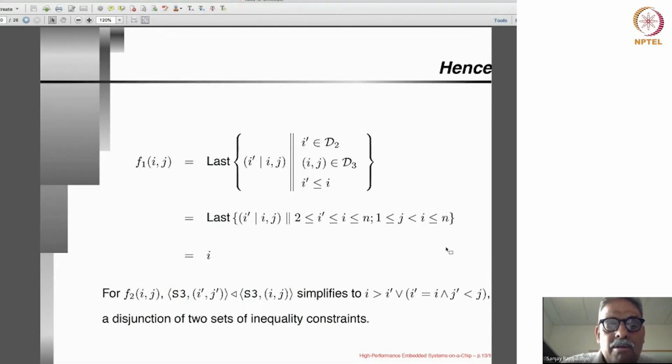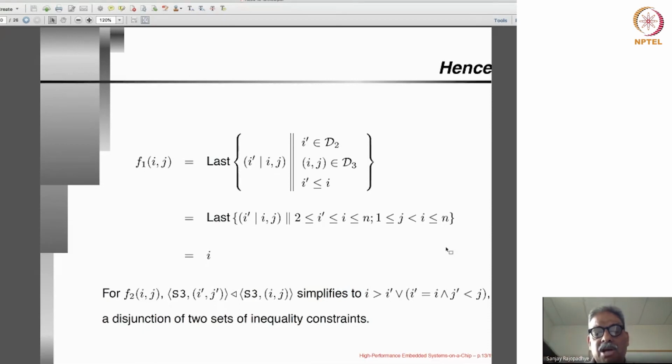So, now if you look at this function F2, where we are looking at the execution order of I prime j prime compared to ij, it is that I prime j prime is executed before iteration ij if either I is strictly greater than I prime, or I prime equals I and j prime is strictly less than j.